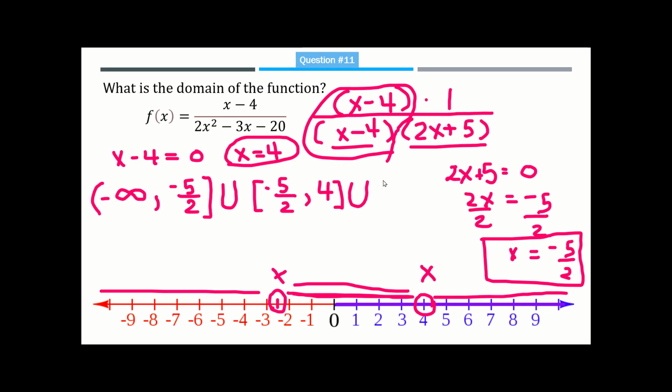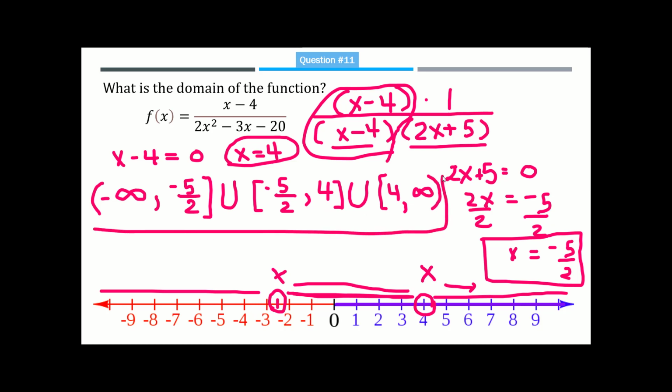And we're going to have a union with this last part of the graph, 4 to positive infinity. And we're including all those numbers there. So this is our solution, and that's the way that you write it. So that's leaving out these undefined areas.